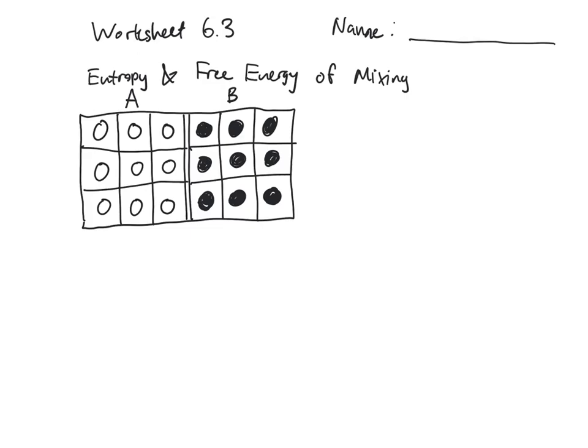And even though there's 9 spaces on each side, we're going to generalize this and say that there are NA spaces on this side and NB spaces here on this side. There are also NA particles on this side and NB particles on this side too.